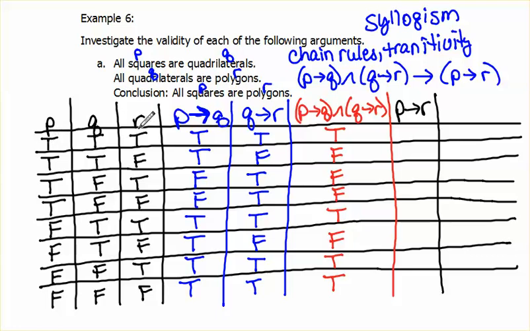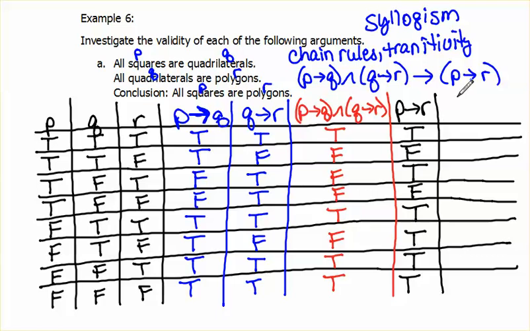T implies T is T. T implies F is F. T implies T is T. T implies F is F. F implies T is T. F implies F is T. F implies T is T. And F implies F is T. Remember again, the only time that we have false is when T implies F.